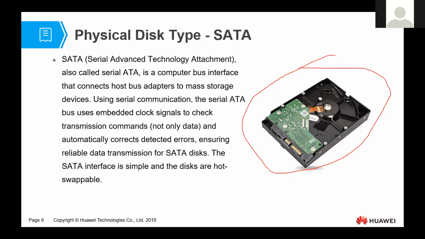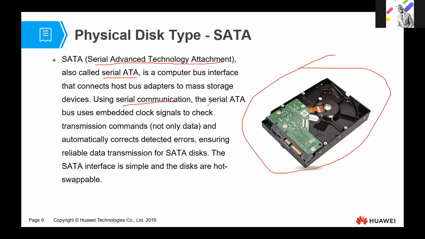into the underlying technologies that are in it, but here we are seeing this is a SATA disk, and we are calling it a serial advanced technology attachment, also called serial ATA, a computer bus interface that connects host bus adapters to mass storage devices.